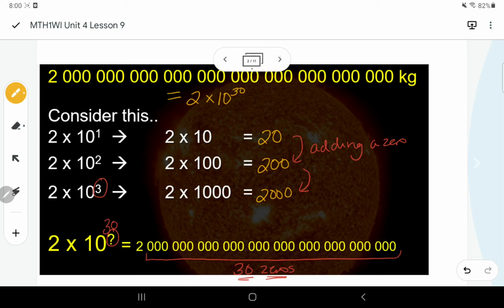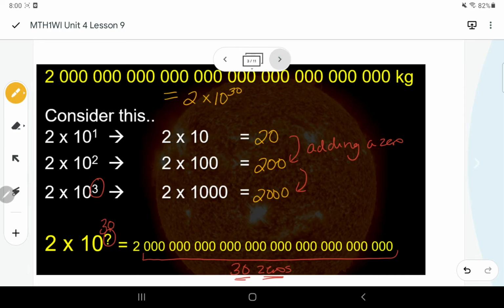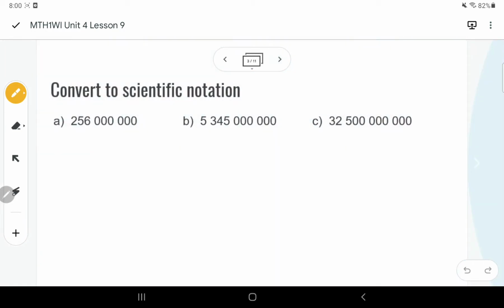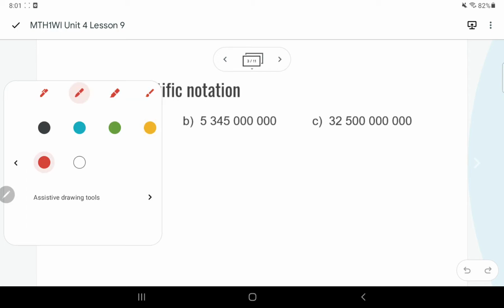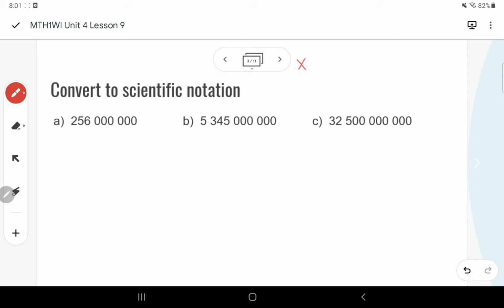So we're going to try a few different conversions back and forth. When we're using scientific notation, we are always going to have one digit to the left of the decimal.